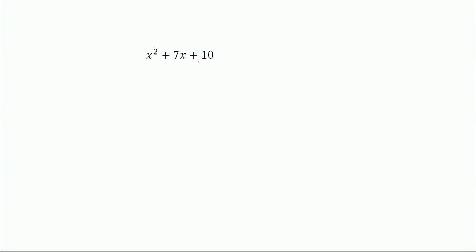We have x squared plus 7x plus 10. When we get an expression like this, where do we start? The first thing we need to do is to determine two numbers whose sum is 7, which is the coefficient of the x term, and whose product is equal to AC.